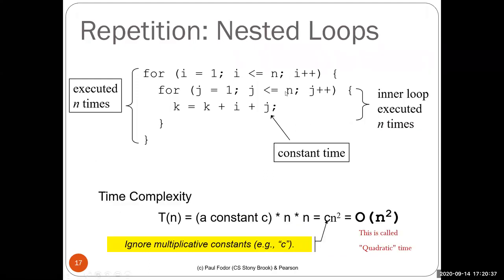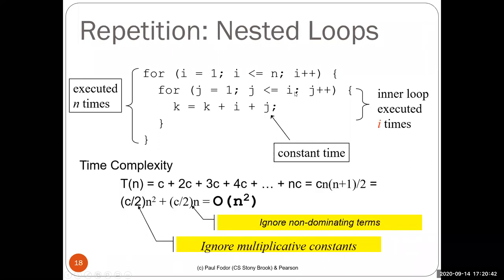So instead of iterating in the inner loop up to n, we are going to iterate up to i. So if we are looking at how long this algorithm will take, the inner loop will execute i times. So now for i equal 1, it will basically execute once.